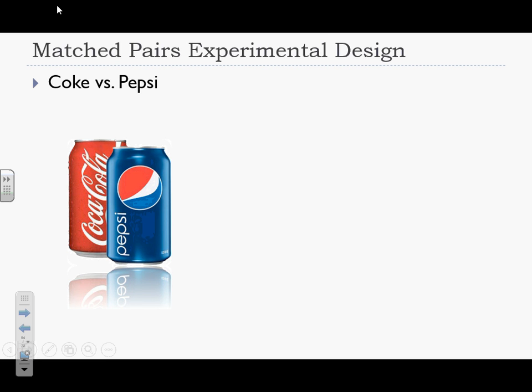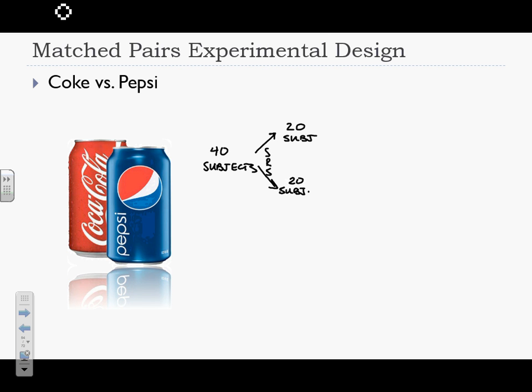So if I were looking at a design for this, if I was going to just do Coke versus Pepsi, okay? So let's say I start with 40 subjects. Since I'm using a match pairs design, I know all 40 subjects are going to try both pops and give us their preference, but I still need to utilize randomization. So I'm going to randomize my 40 subjects into two groups. 20 subjects into group 1, 20 subjects into group 2.